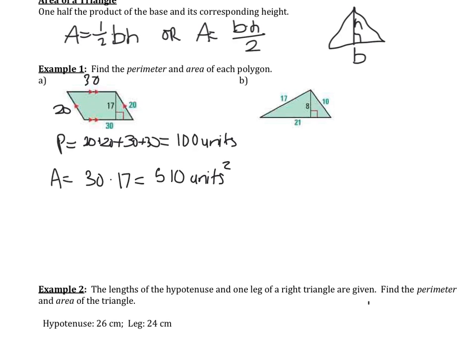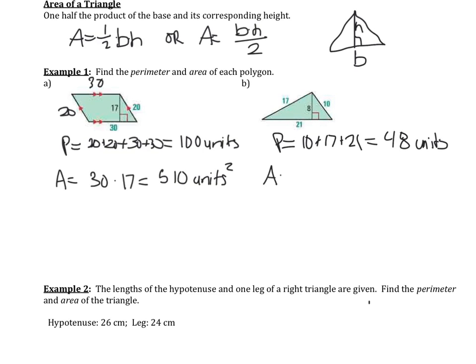My next one, a triangle. Perimeter, again, add up everything on the outside. So I've got 10 plus 17 plus 21, which ends up equaling 48. As long as I did my math right there, 48 units.